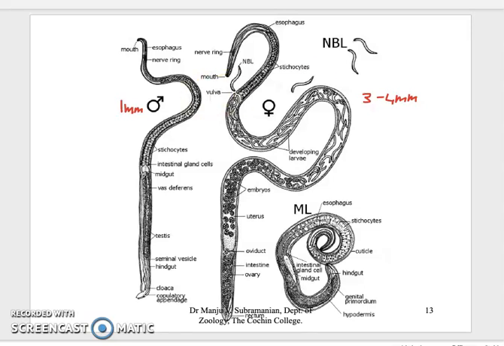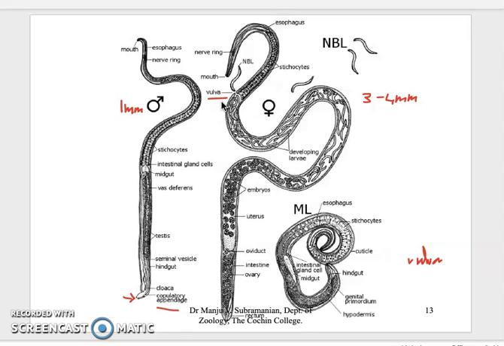The male has a pair of conical copulatory lobes at the posterior end. At this posterior end, you can see the pair of copulatory lobes, and the female has a vulva at the anterior region of the organism.